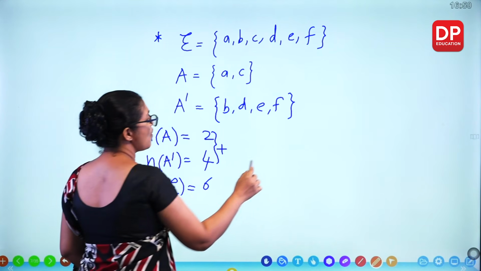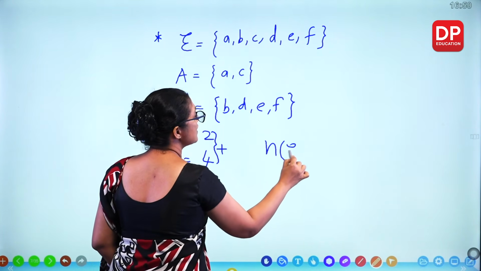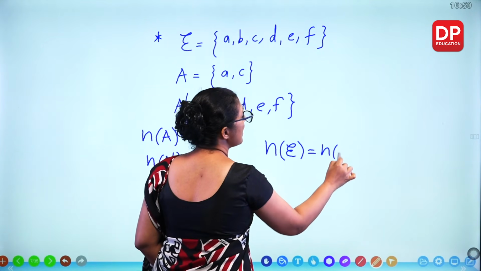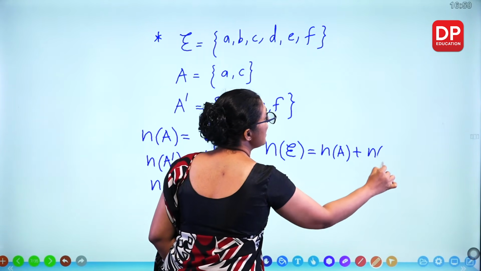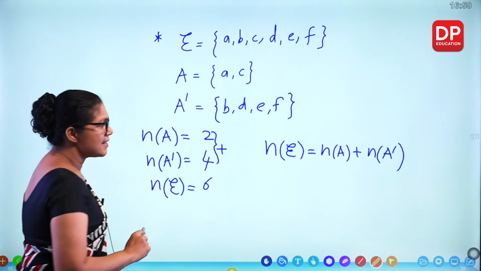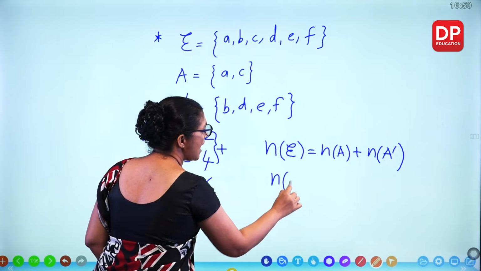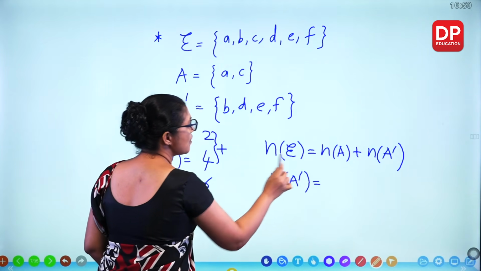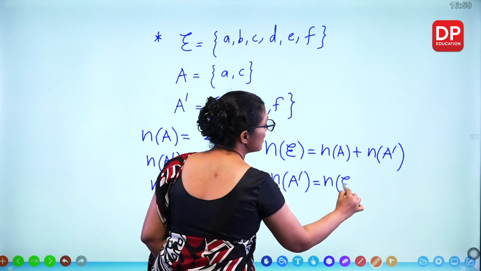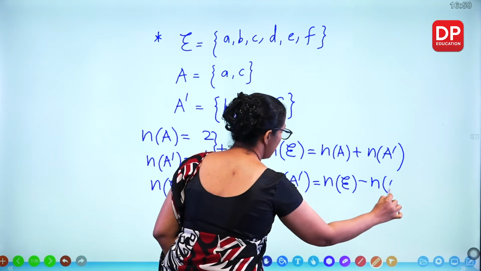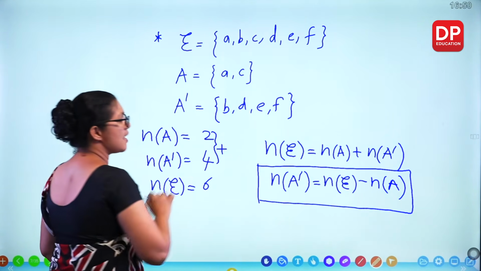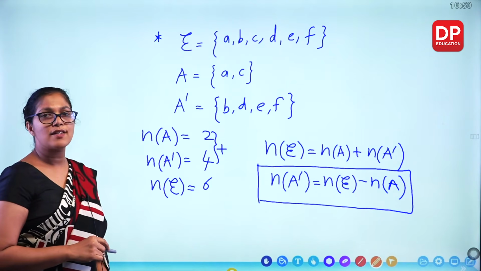So I can write down n of epsilon is equal to n of A plus n of A dash, or I can take it to the other side and write what's n of A dash. n of A dash is equal to n of epsilon minus n of A. So this statement is also important in this section.